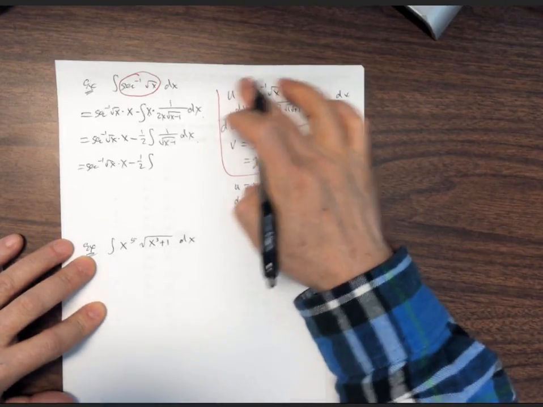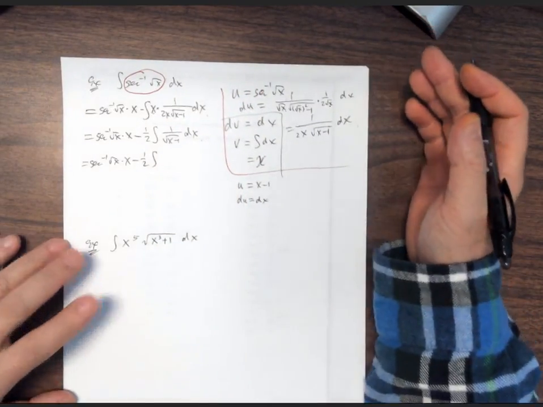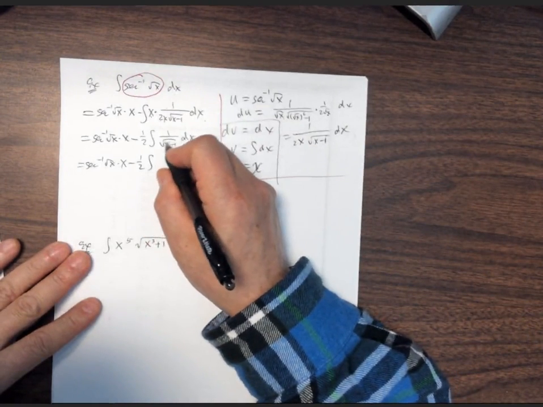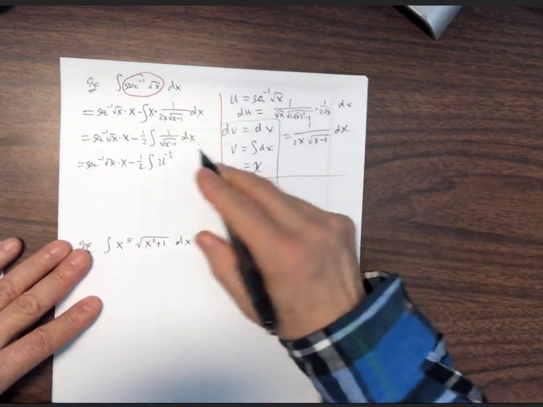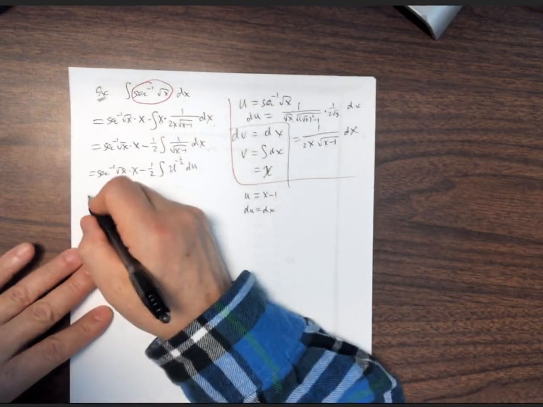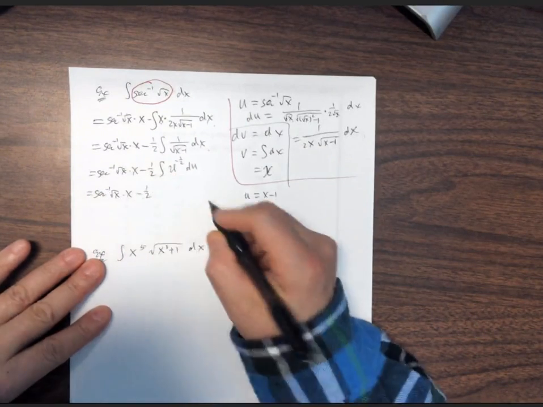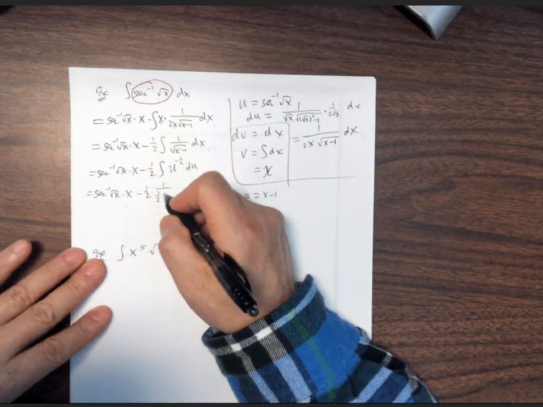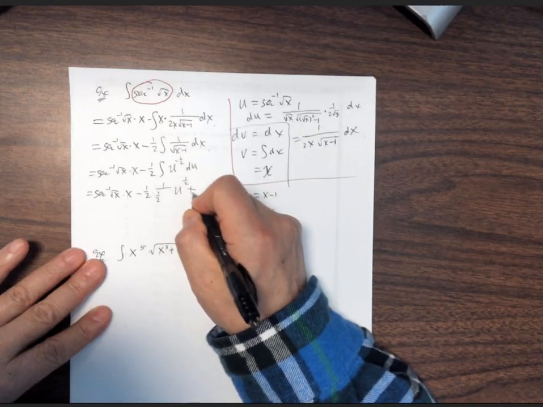Of course, not the same u we used to do integration by parts in the beginning. So here the radical becomes a half power, so it's u raised to the power negative 1/2, du. Integrating the power: negative 1/2 plus 1 is 1/2, so u raised to 1/2 over 1/2, plus c.